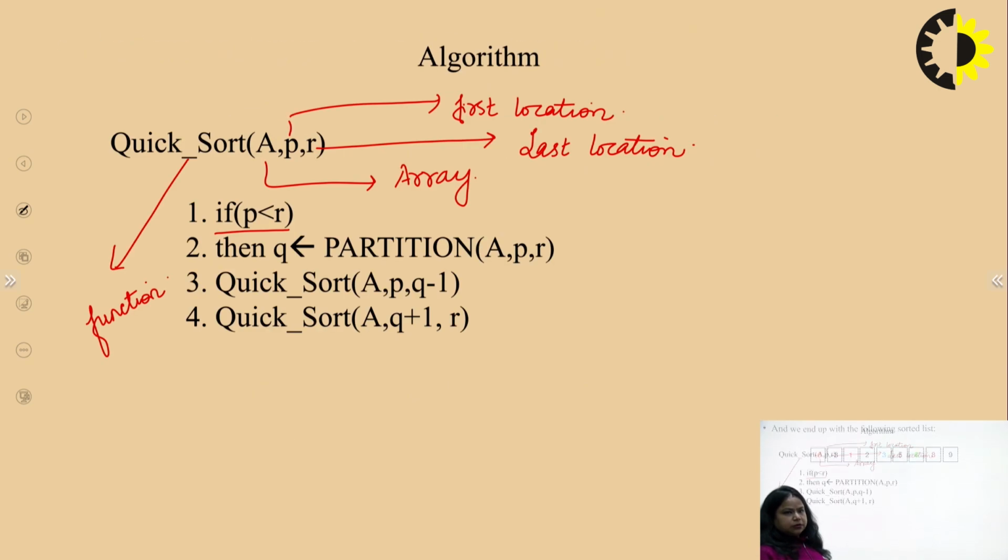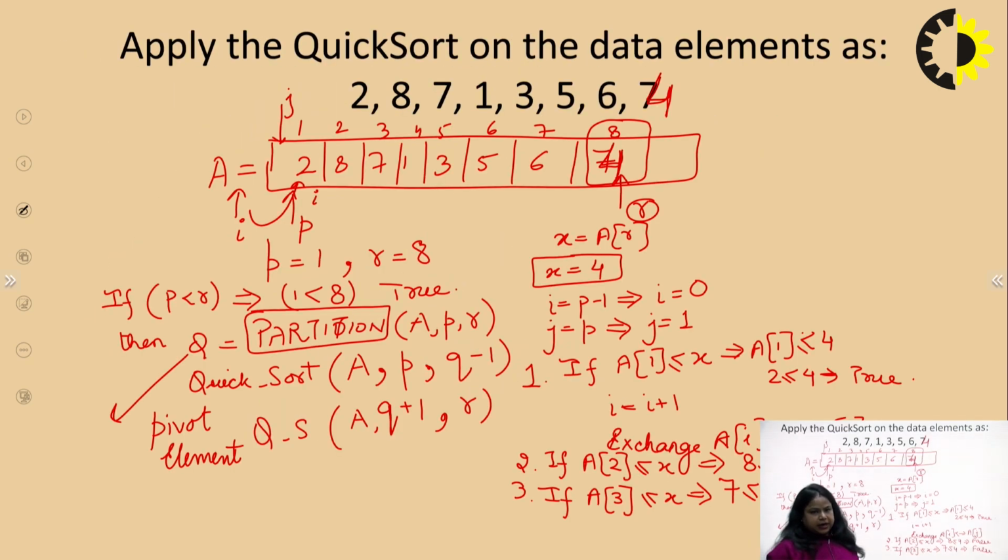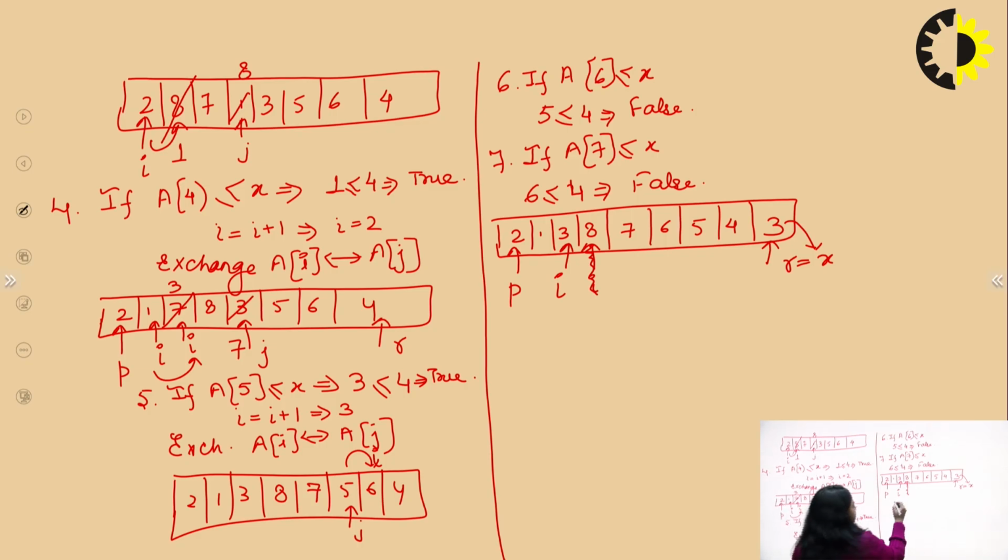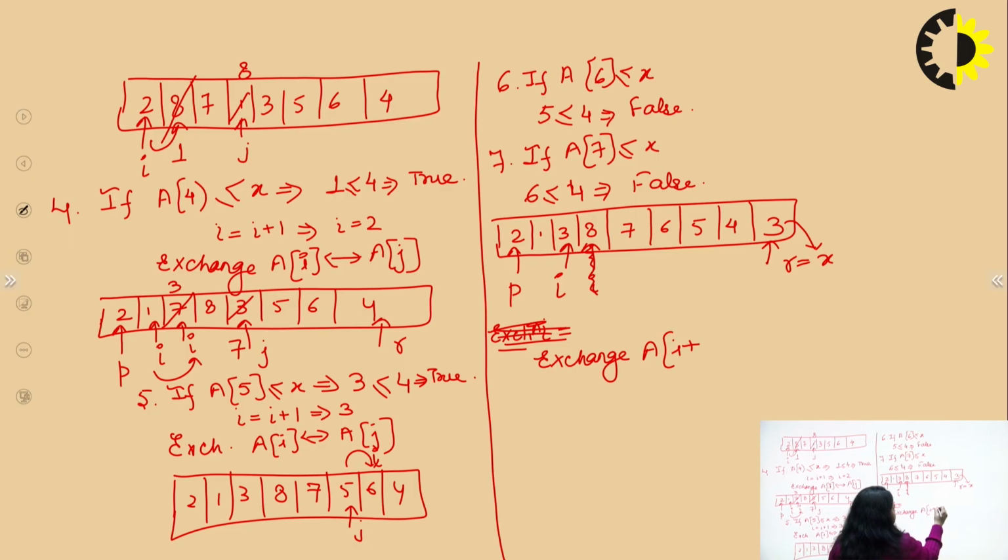So in that case, what happens? We have to move the I. So in the final step, exchange A I plus 1 with A R, or you can say with X. You can do the exchange with A R or X, whatever the situation is, right?